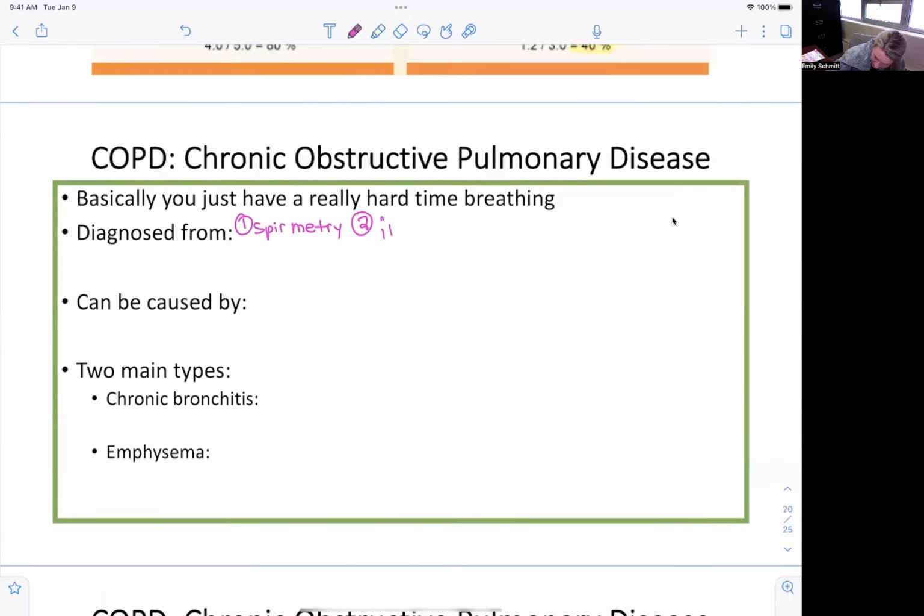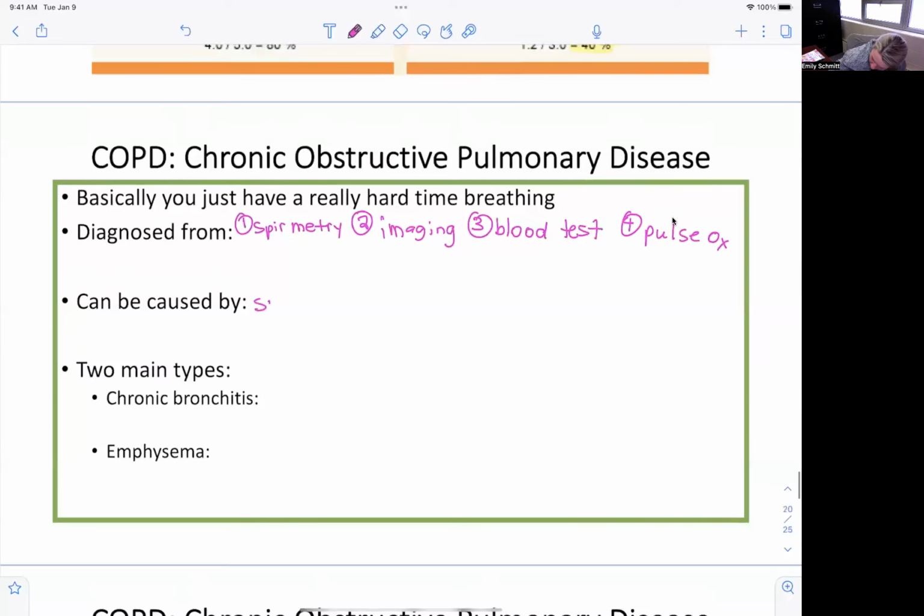Also, from very fancy imaging that you would have done in a doctor's office, blood tests are also very accurate, and a pulse oximeter put on your finger will also give you some insights into COPD measurements.